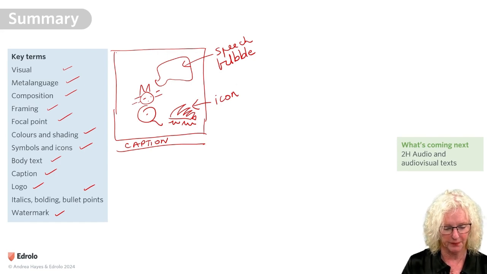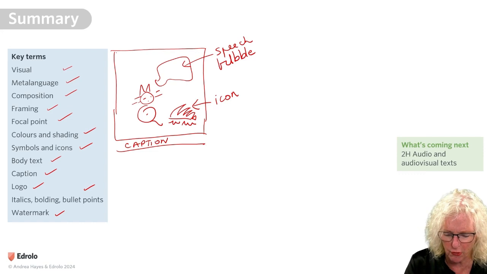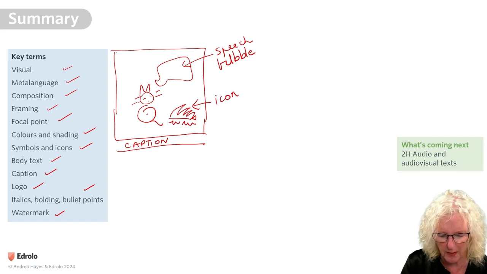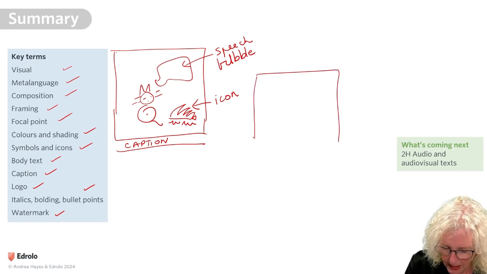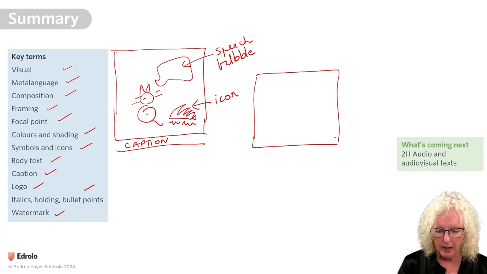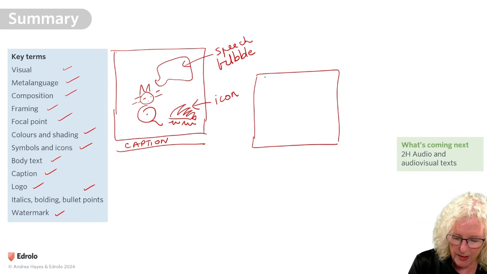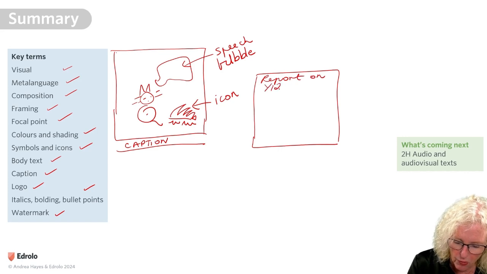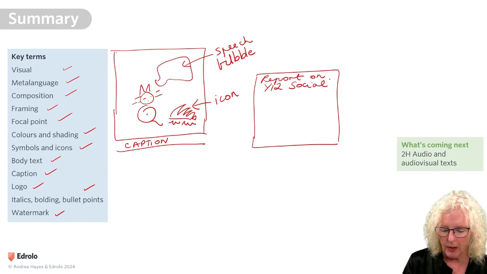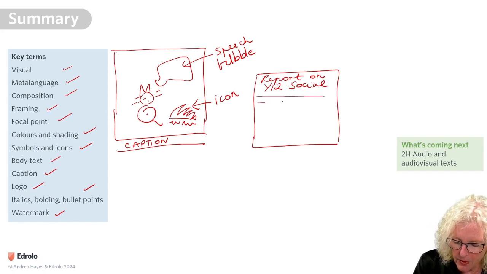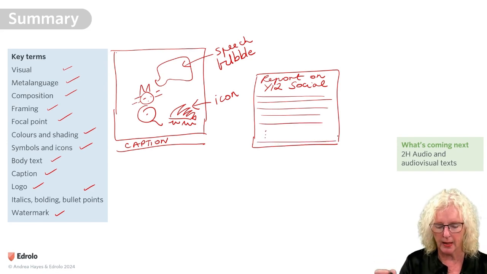And that would all be part of the composition. Okay, if I'm going to draw a watermark, just to explain what it means, I might have some sort of report. Let's say this is a report on Year 12 social, something of interest to us all. And it might have lots and lots of comments, bullet points, headings, things like that.